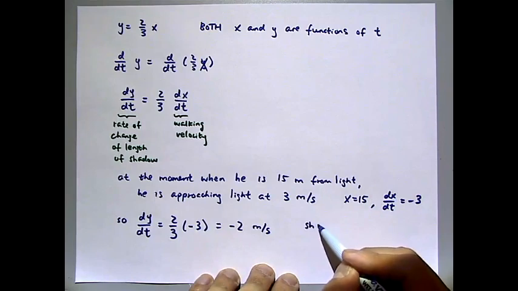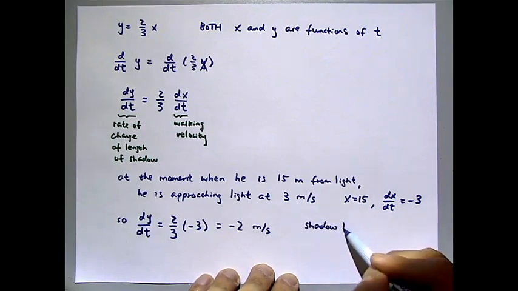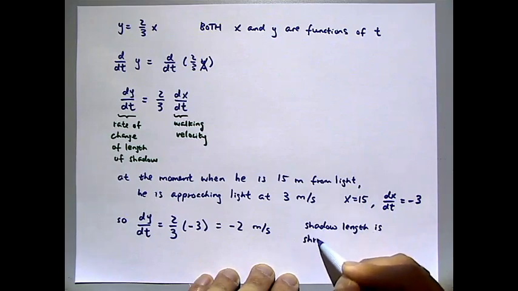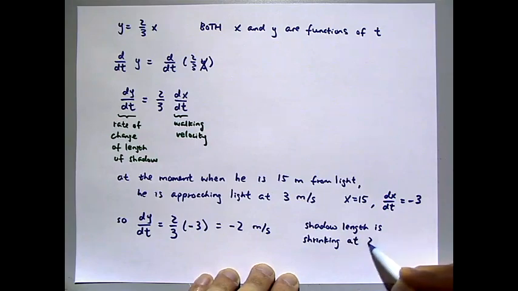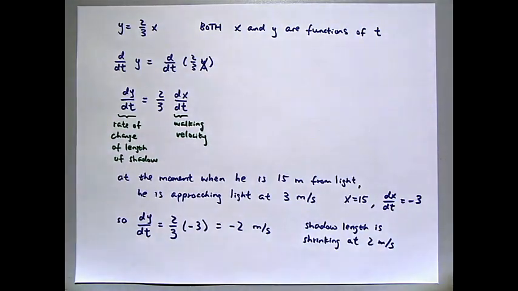And this means that the shadow length is shrinking at 2 meters per second. Okay, next time you approach a street light, you can see the same kind of situation going on.